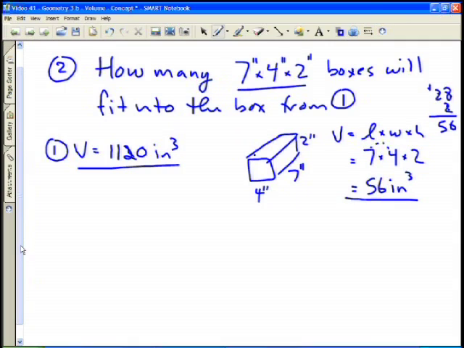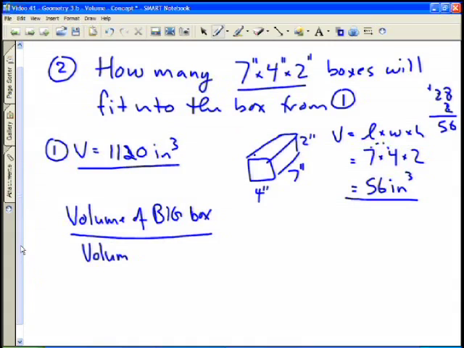So if we take the volume of the big box and divide it by the volume of the small box, that should equal the number of boxes that will fit. So I hope that makes sense to you.